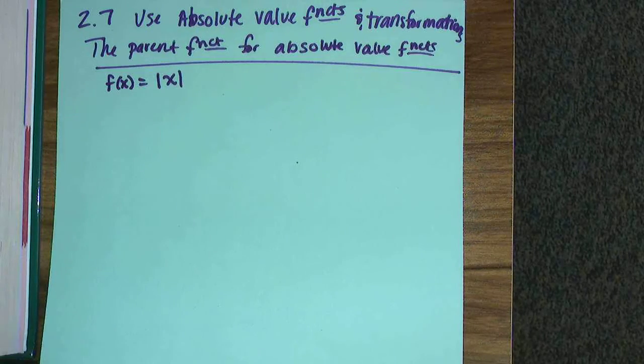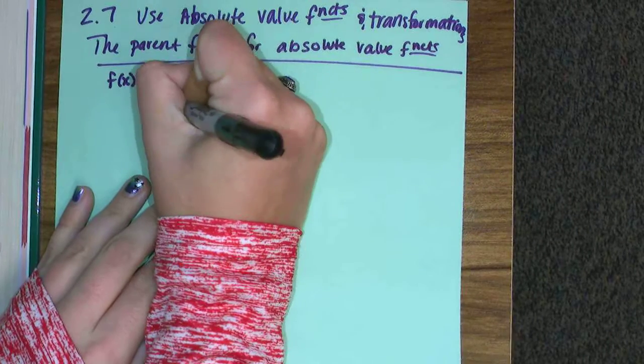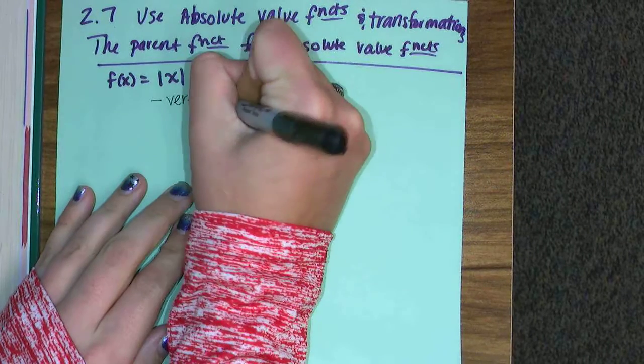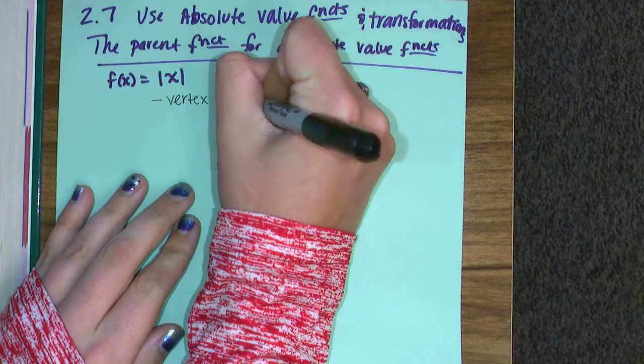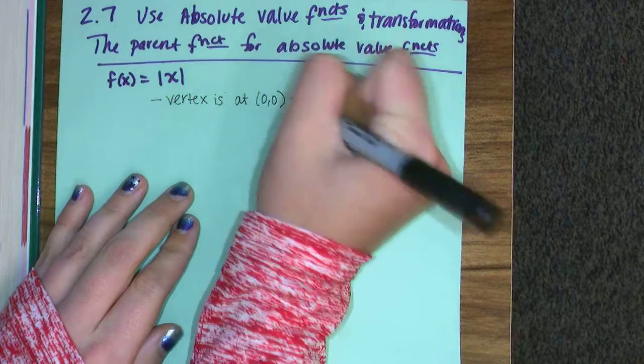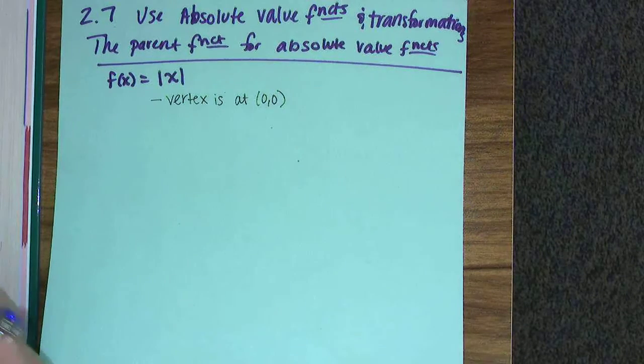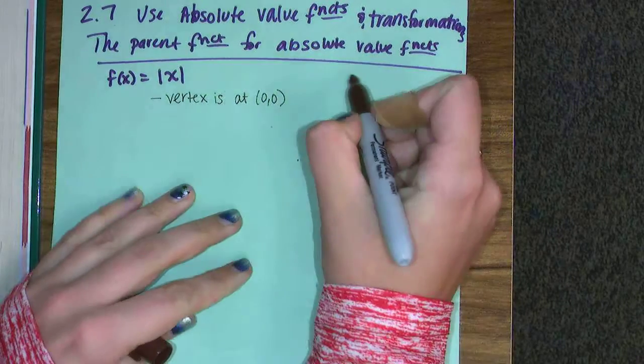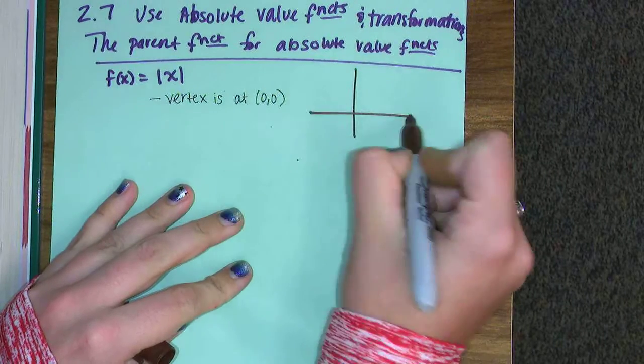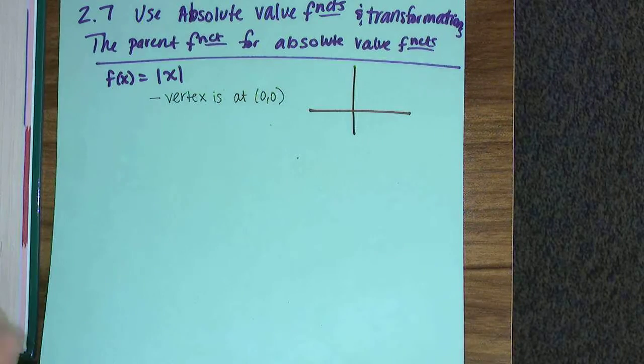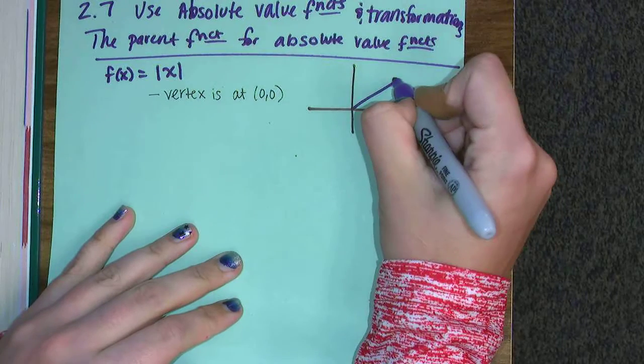For this, the vertex is at 0, 0. And just a picture of what the absolute value function looks like. It's just a V.